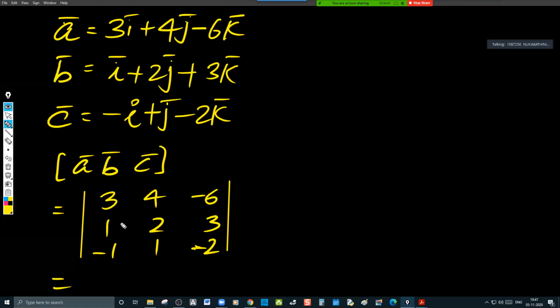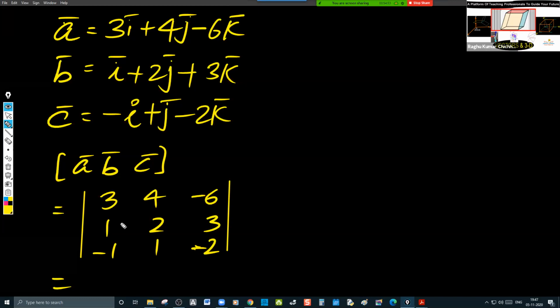Kaushik, you're taking more time to solve this determinant.